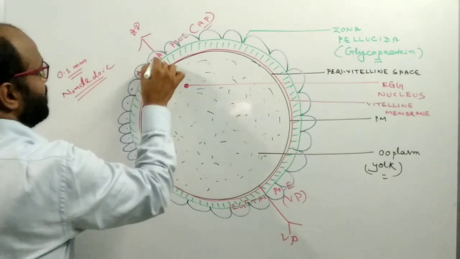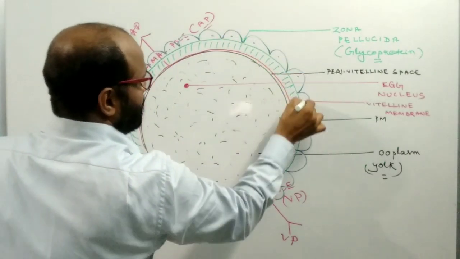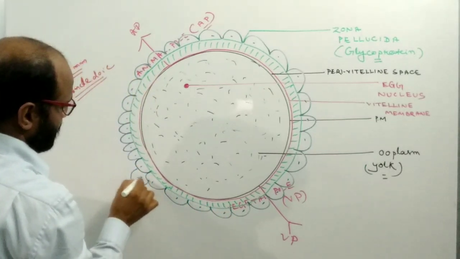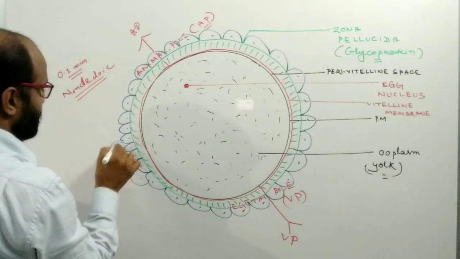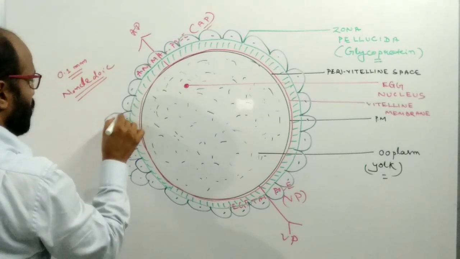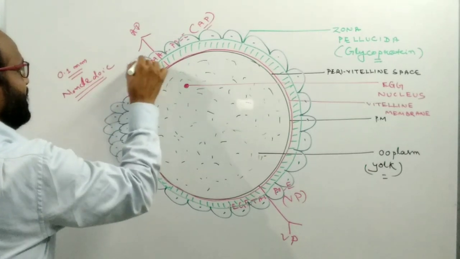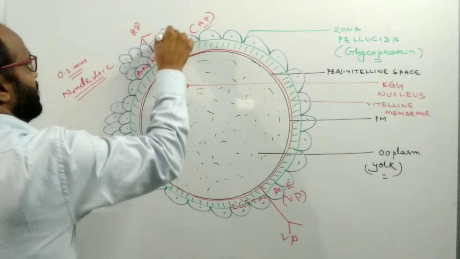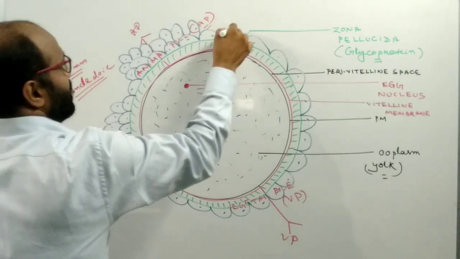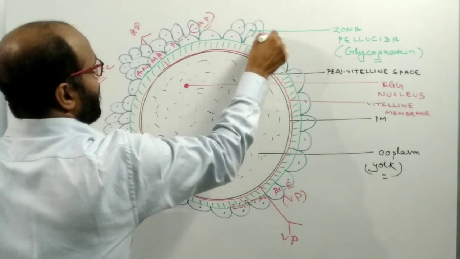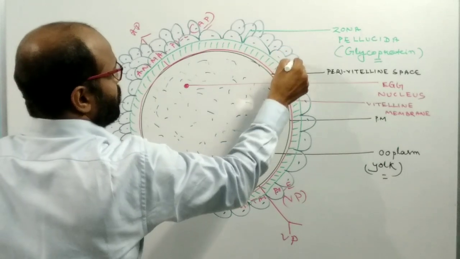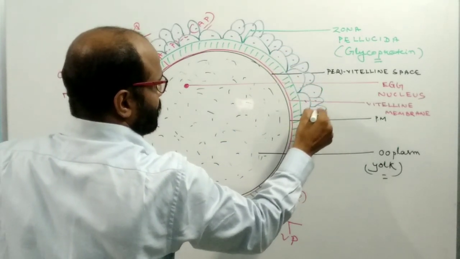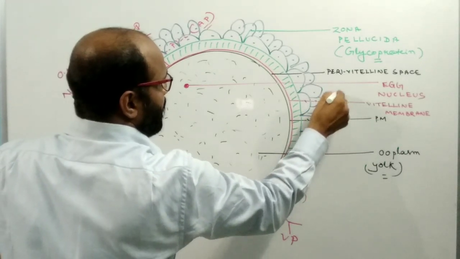These are the follicular cells or granulosa cells. These granulosa cells are columnar or cuboidal shaped and seem to radiate from the surface of the egg. That's why the layer outer to the zona pellucida is known as the corona radiata.